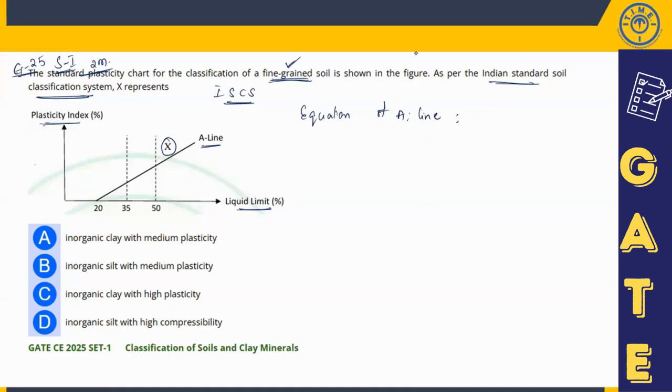Can you guess what is the equation of A line, my dear students? Anyone? Also inform your friends to join faster. What is the equation of A line? Anyone?